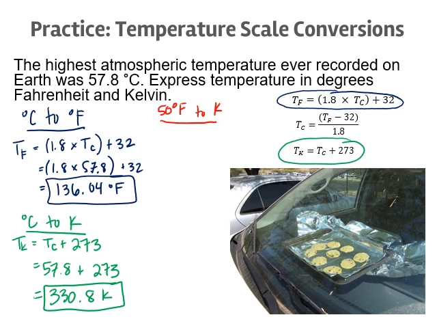What I first asked myself is, okay, Kelvin, which formula do I have to use to calculate Kelvin? And that's going to be this bottom formula. That's the only one I have. Well, what do I need to solve for that? The first thing I need is temperature in Celsius. And then the next thing that I need is that 273, which is already given.